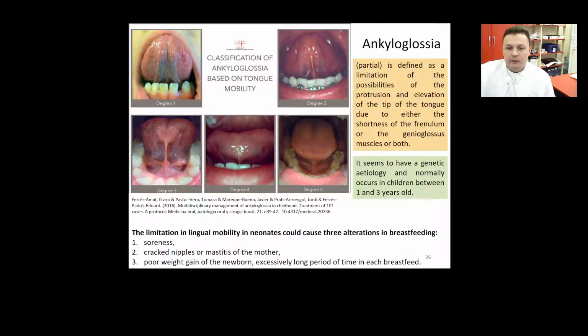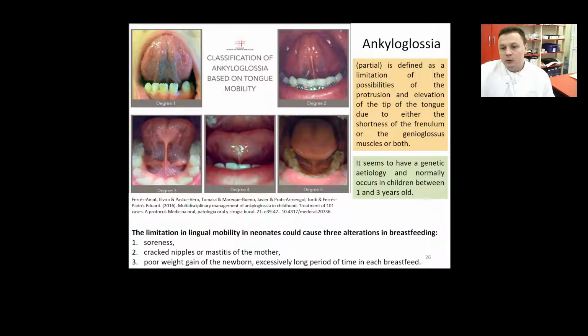Ankyloglossia, or tongue-tie, is defined as a limitation of the protrusion and elevation of the tip of the tongue due to either the shortness of the frenulum or the genioglossus muscle or both. It seems to have a genetic etiology and normally occurs in children between 1 and 3 years old.